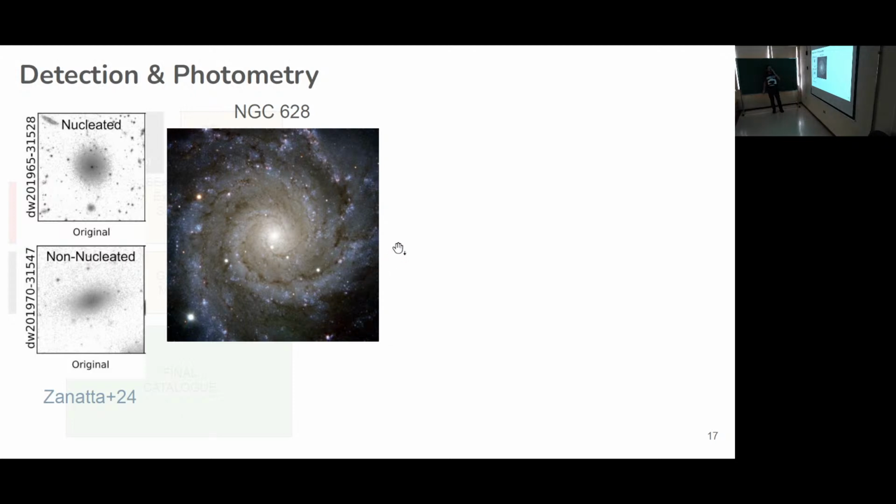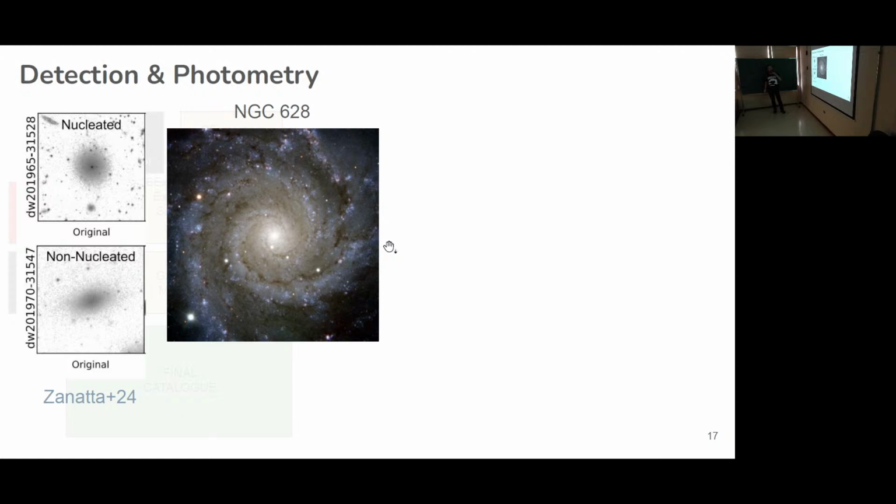This is mainly because in dwarf galaxies, the nuclear star cluster is very easily detectable because there's nothing on top of it except for the low density of the halo of a dwarf galaxy. While, of course, if you look into a big galaxy like this one, it's very hard to disentangle the bulge and sometimes an embedded disk and other components that are in the center of large galaxies.